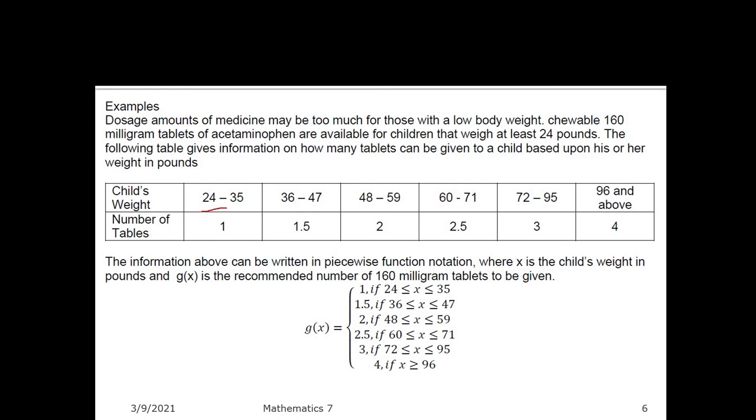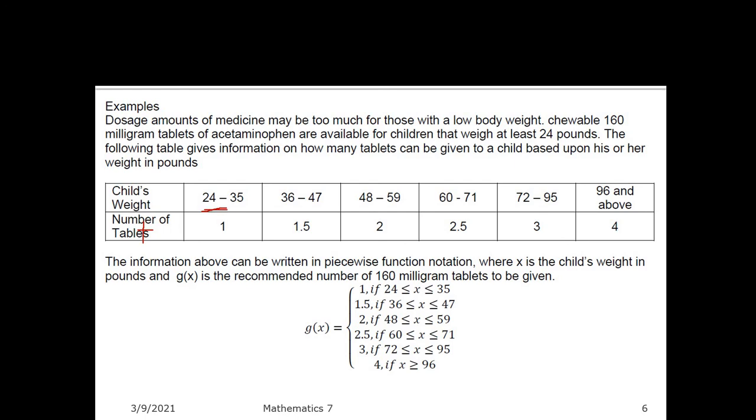The following table gives information on how many tablets can be given to a child based upon his or her weight in pounds. So even if you have the same age of your children, the number of tablets will be dependent on the weight of your children. So not the age, the weight.